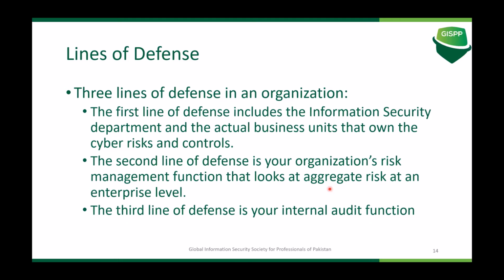That would be your internal cybersecurity department implementing firewalls, intrusion detection systems, and antivirus software, making sure your operating systems and network are secure. So your information security department that does all those functions falls in the first line of defense.